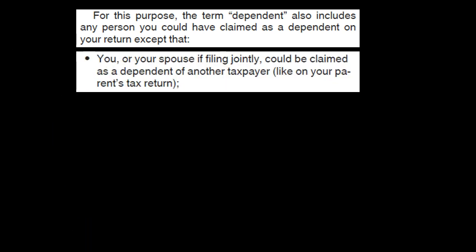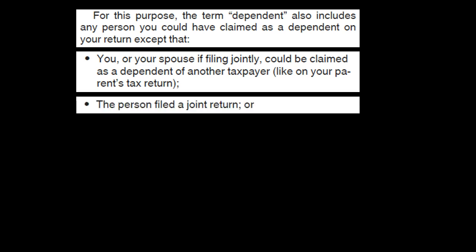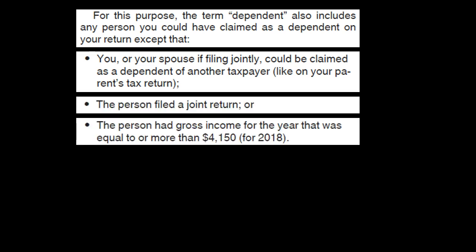For this purpose, the term dependent also includes any person you could have claimed as a dependent on your tax return except that you or your spouse, if filing jointly, could be claimed as a dependent of another taxpayer, like on your parents' tax return. The person filed a joint return, or the person had a gross income for the year that was equal to or more than $4,150 for 2018.